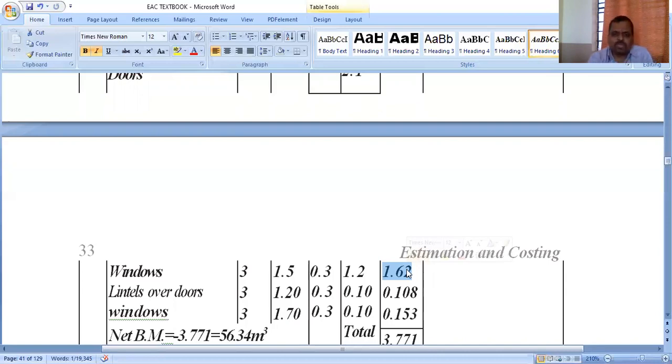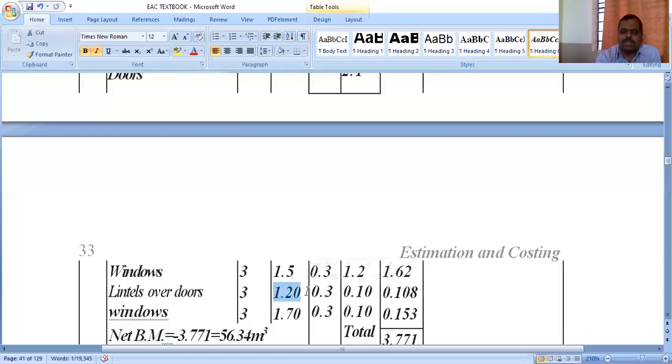For the doors, the door length is 1 meter, and we have to provide 0.1 meter bearing on both sides. So 1 meter plus 0.1 on one side and 0.1 on the other side will be 1.2 meter, which I have taken here as 1.2 meter.